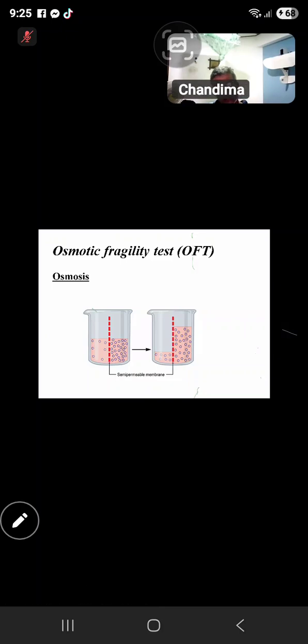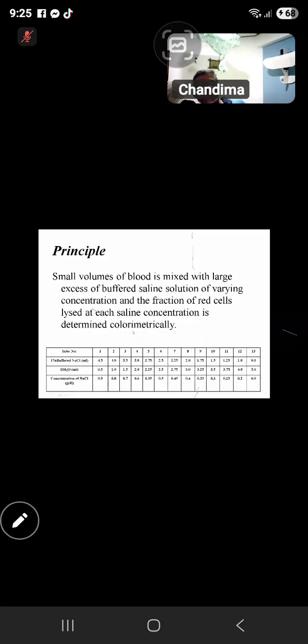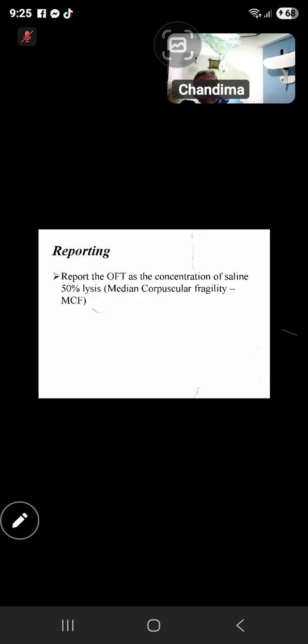Right. If we do the test, this is the principle and the chart, how we prepare the solution and how we prepare the excess amount of sodium chloride solution, and we can report the 50% lysis. Normally we report the 50% lysis.